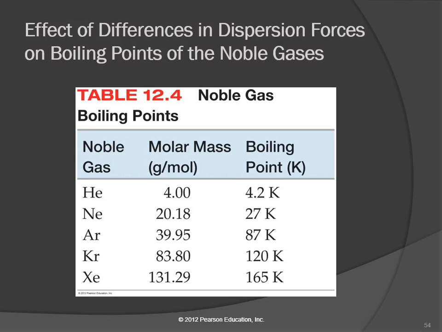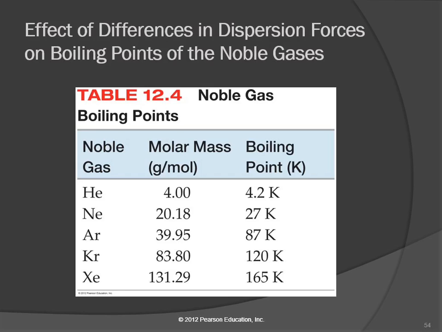It's easier to evaporate. It will boil at a lower temperature, because the temperature is related to the speed of the runners in the Red Rover game. If they have to run fast to break through, that's a higher temperature.